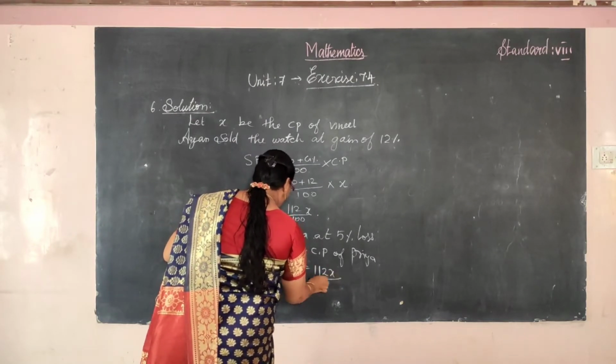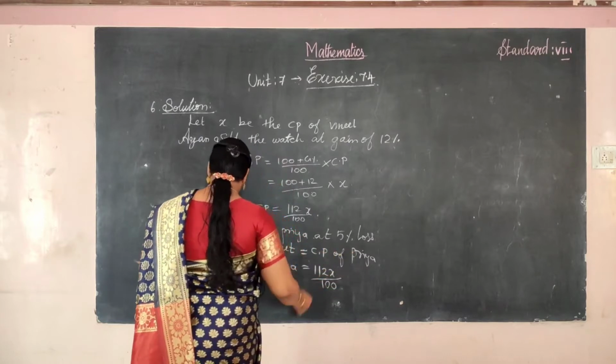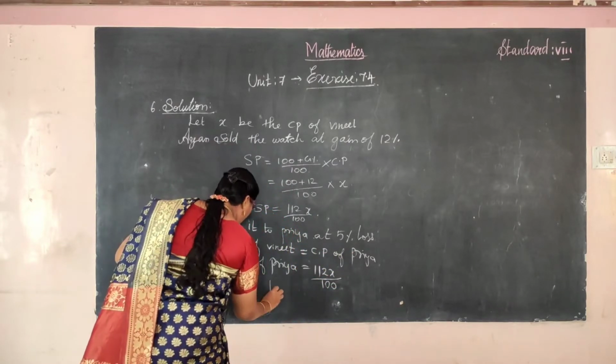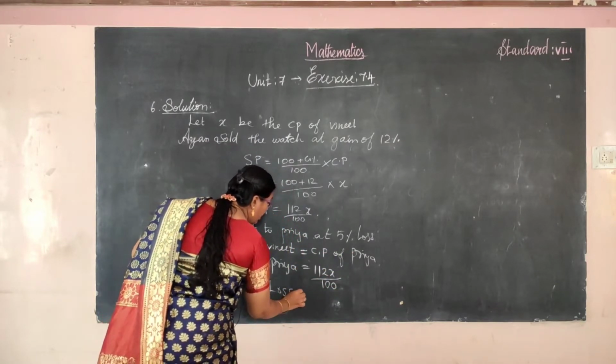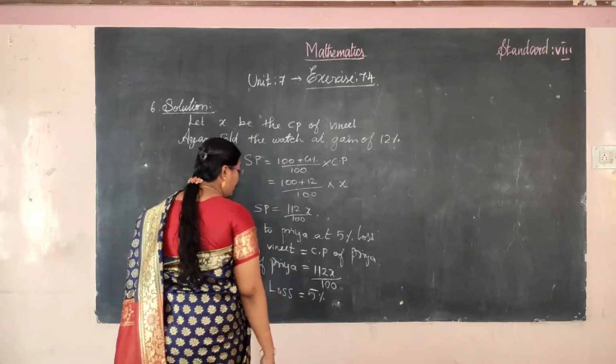So the cost price of Priya is equal to 112x by 100, and the loss is equal to 5%.